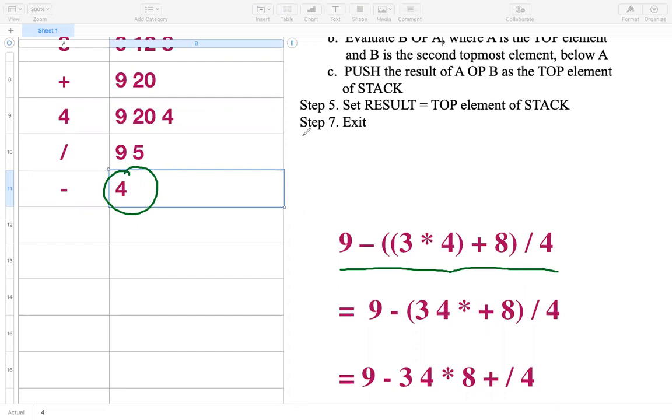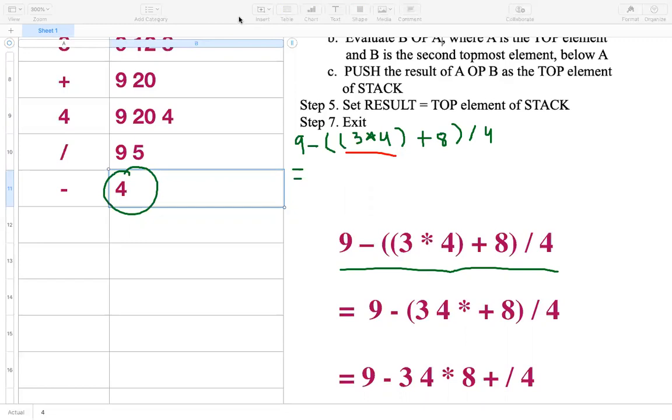So let us see. So I'm having 9 minus 3 into 4 plus 8 by 4. So which operation will take place first? So the operation which will take place first is this.